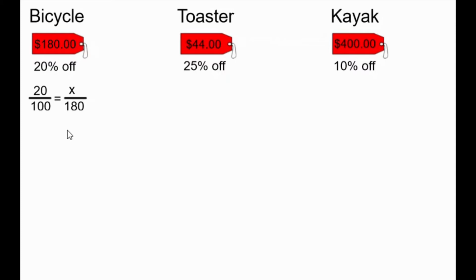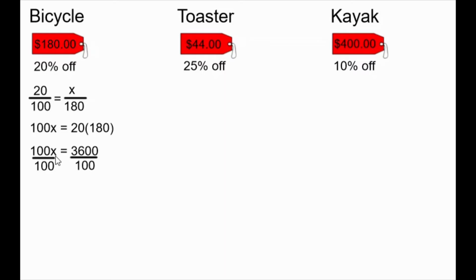We solve this with cross multiplication. Bottom times top equals top times bottom gives us 100x equals 20 times 180. We simplify the right side first. 20 times 180 is 3600. So we have 100x equals 3600.